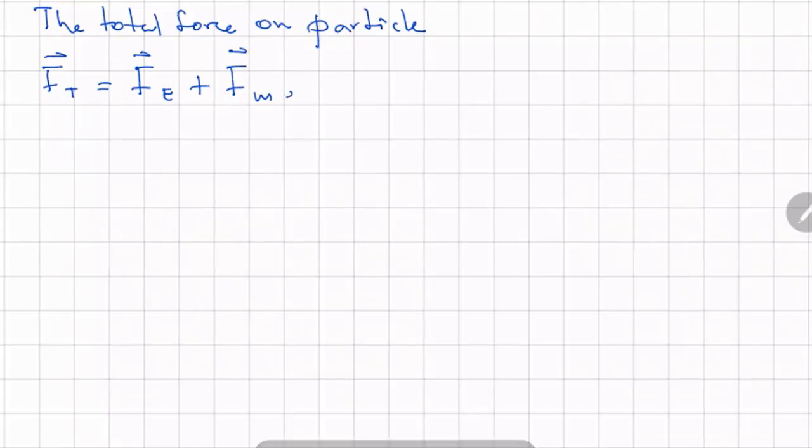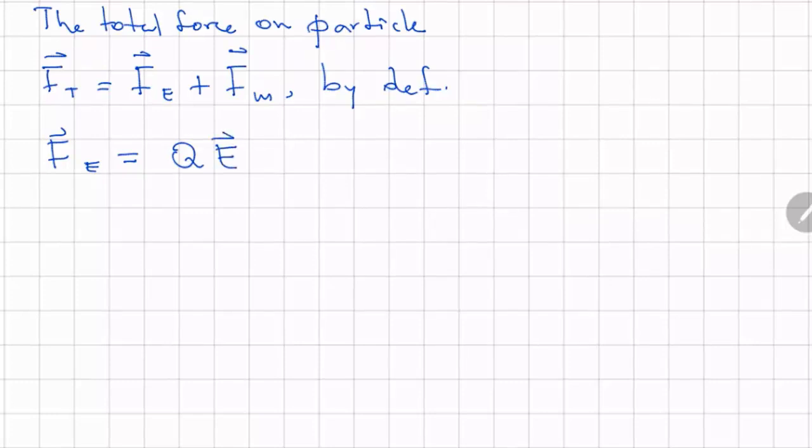Okay guys, by definition those forces are: the electrical force is equal to the product of the charge multiplying the electric field. The magnetic force is the product of the charge with the cross product between the velocity and the magnetic field.